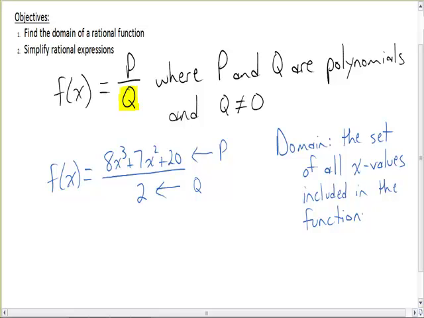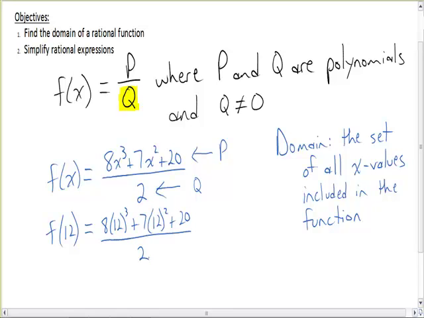So when we look at this function, you're thinking, is there any number that if I plugged it in for x, like if I said, what is f of 12? If I replaced x with 12, that would mean 8 times 12 to the third power plus 7 times 12 squared plus 20, all of that divided by 2, because I would just replace x with 12 everywhere I see an x. Well, 12 is just one example.